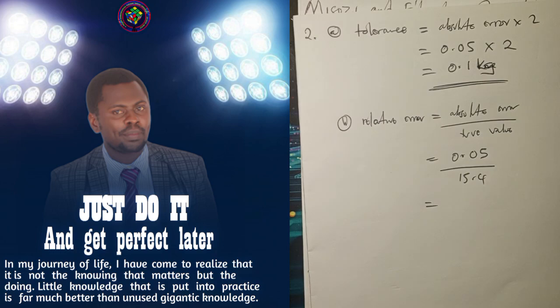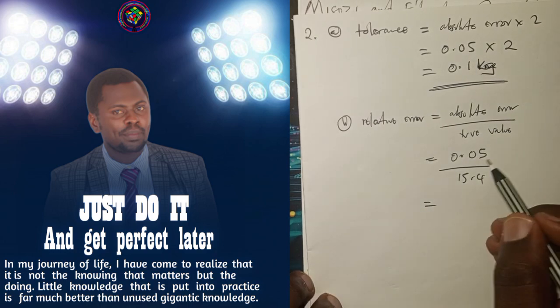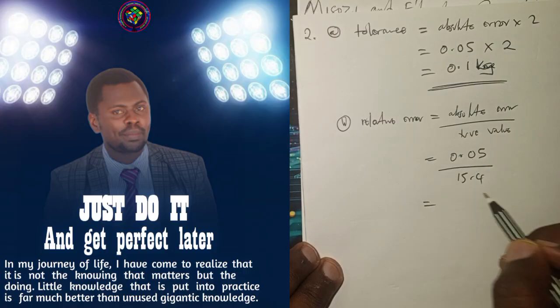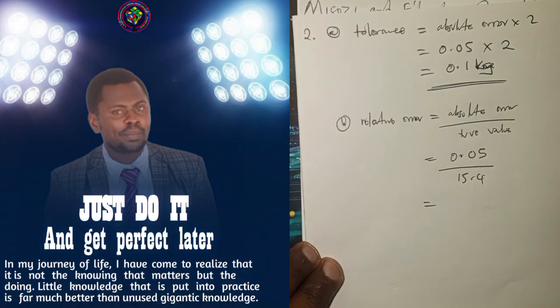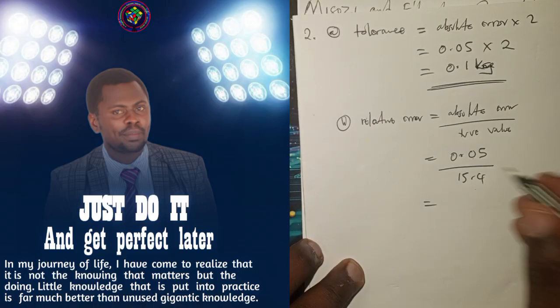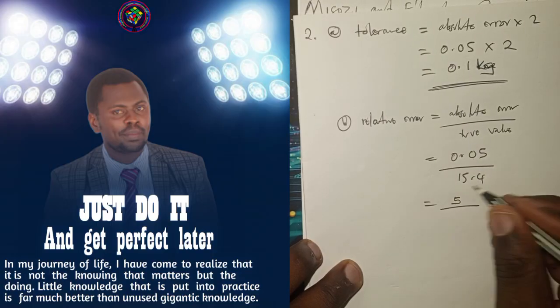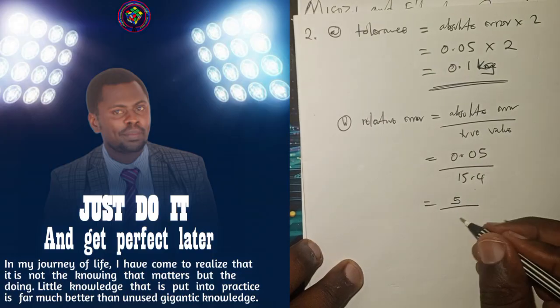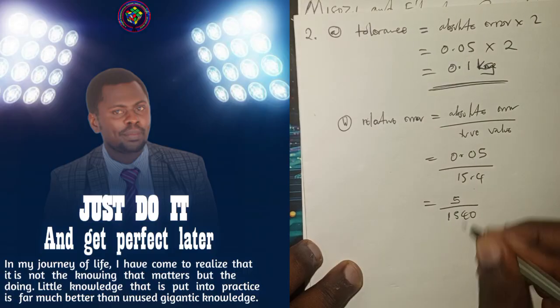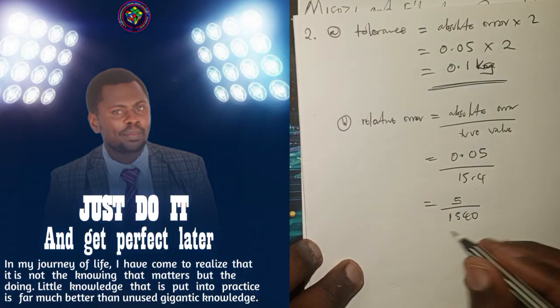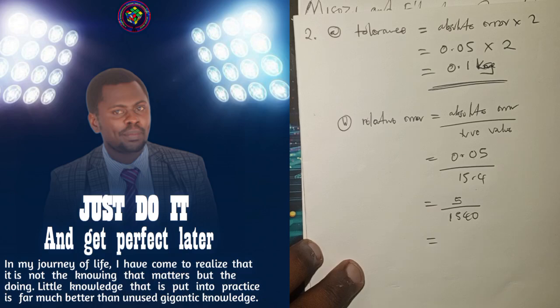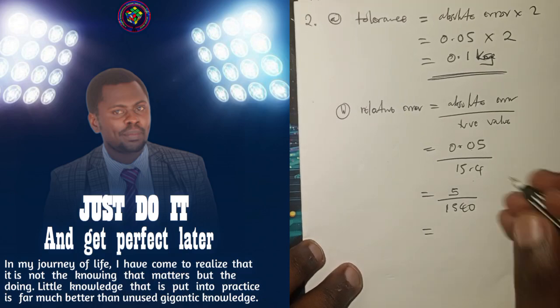Again we simplify the fraction. We have 2 decimal places and 1 decimal place, so the highest number of decimal places is 2, so we multiply by 100 both the numerator and the denominator. So 0.05 multiplied by 100 gives 5, over 15.4 multiplied by 100 gives 1540. Now you just simplify the fraction. So 5 in 5 is 1.